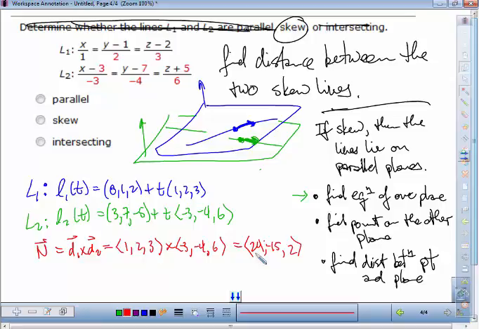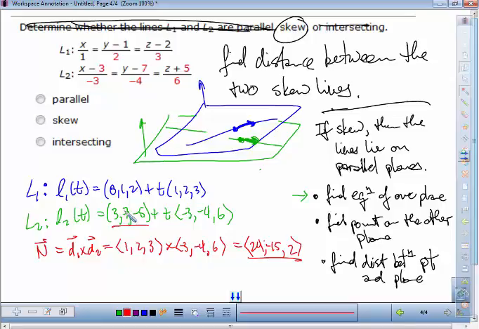Point and direction. What do you need for an equation of a plane? Point and a normal. So for this plane, we have a normal vector, and the point, depending on which line we choose. We're going to choose L2. So this point, 3, 7, -5, is already on L2, and if we want that line to be on that plane, then we'll use that point.